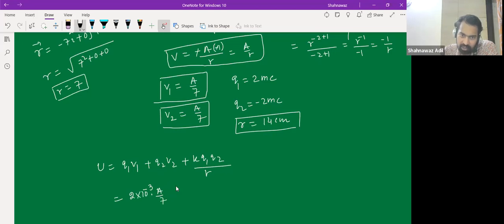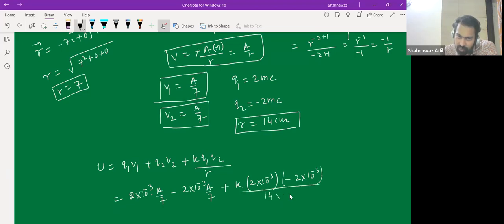And this is minus of 2 into 10 to the power minus 3 A by 7, plus K times 2 into 10 to the power minus 3 and minus 2 into 10 to the power minus 3, divided by 14 into 10 to the power minus 2. Right. So this is same but minus. So this one cancels.